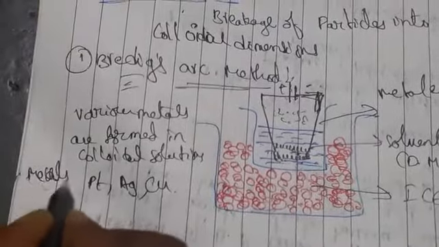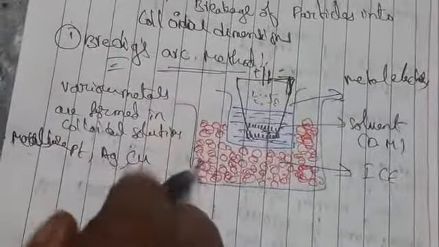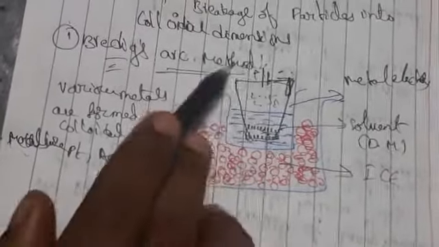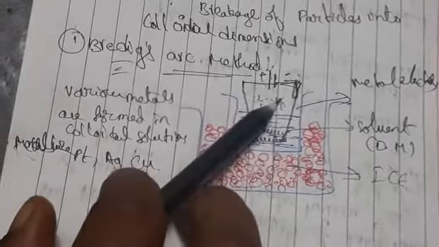So what is Bredig's arc method? The main theme is that various metals are formed into colloidal solutions. We place two metal electrodes connected to a battery.